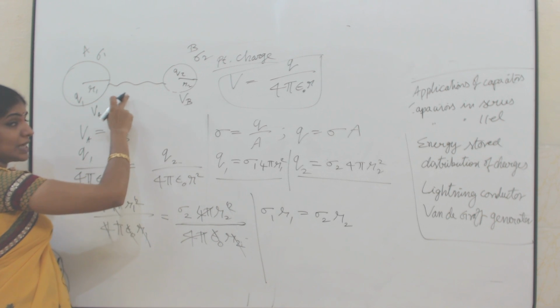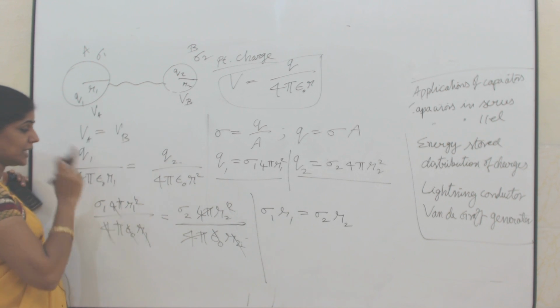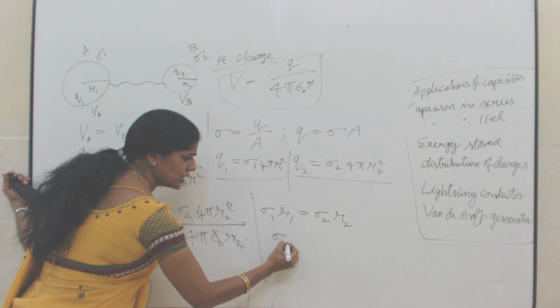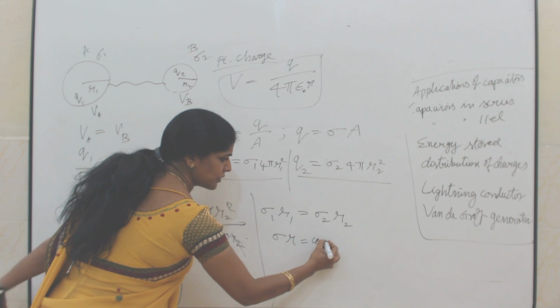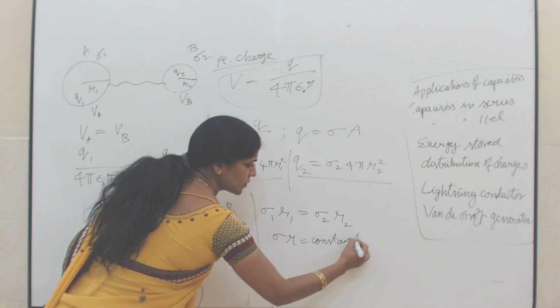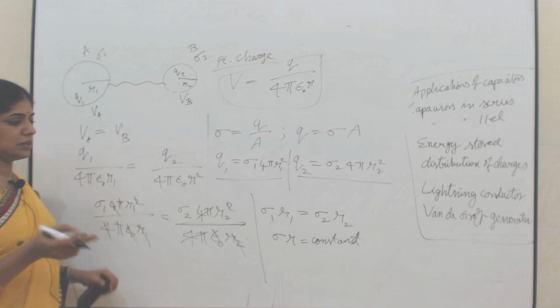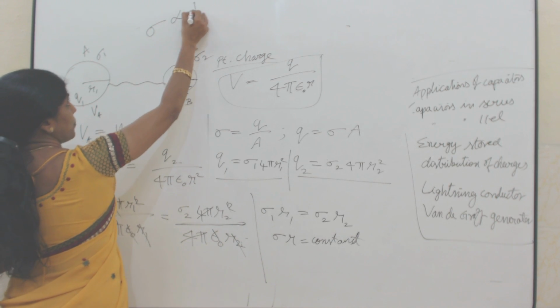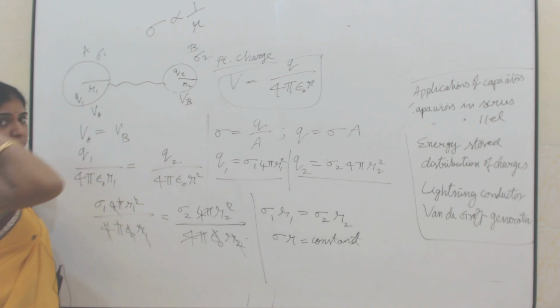When these two spheres are connected by a conducting wire, the potential developed at these two will be the same. I can write this also as sigma R equal to constant. What does that mean? The surface charge density will be inversely proportional to the radius of the sphere.